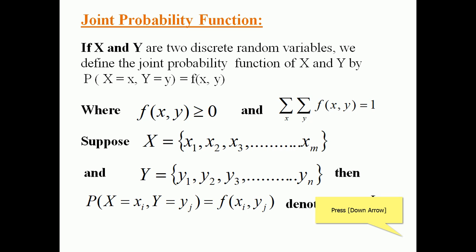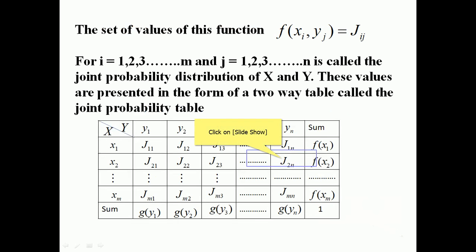The values taken by this joint probability function are represented in the form of a two-way table known as the joint probability table, for i equal to 1 to m and j equal to 1 to n. The joint probability distribution of x and y is represented in this table. X takes the values x1, x2, x3 up to xm, and y takes the values y1, y2, y3 up to yn.